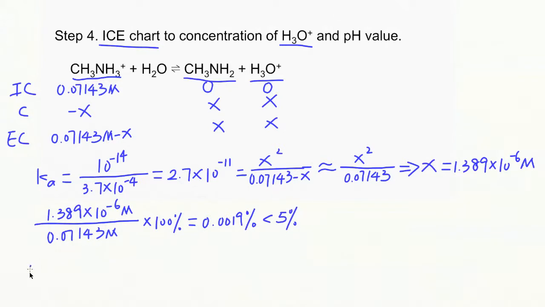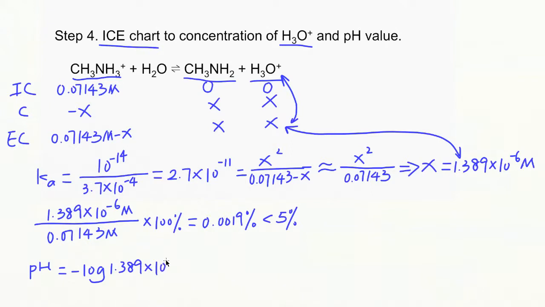We can go ahead and find out the pH value because x is this, and that is the concentration of hydronium. So if you take the negative logarithm of x, that is the pH value of this solution at equivalence points. So negative logarithm of 1.389 times 10 to the negative 6 mole per liter, and that gives me 5.86. pH value is less than 7.